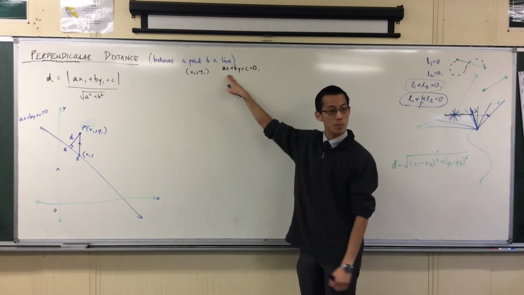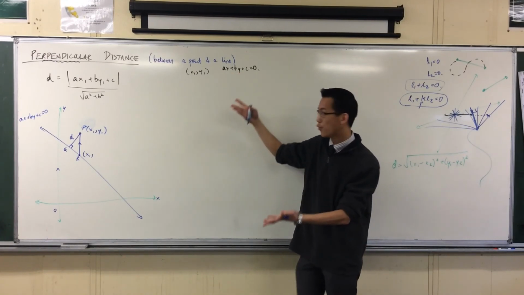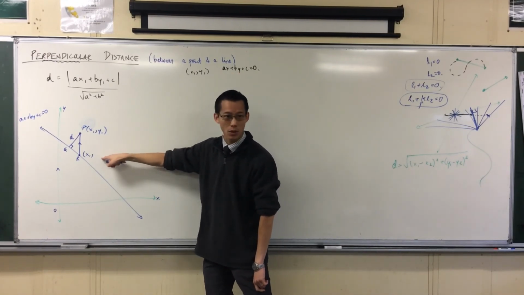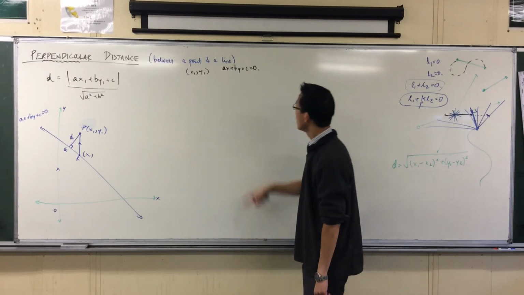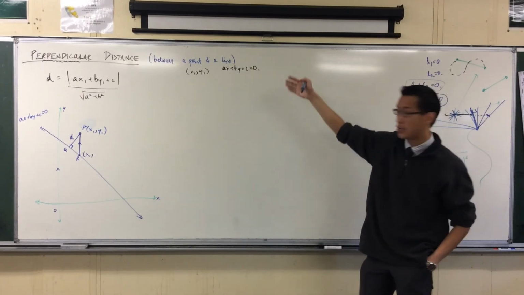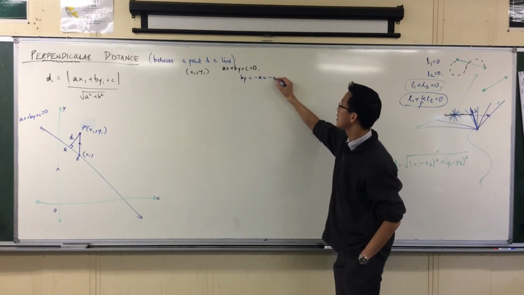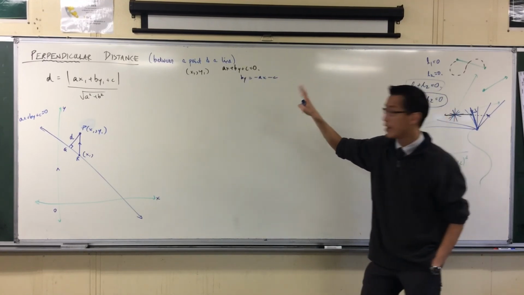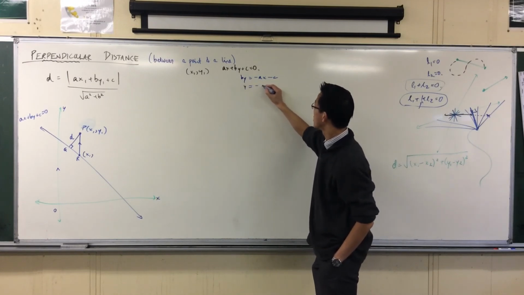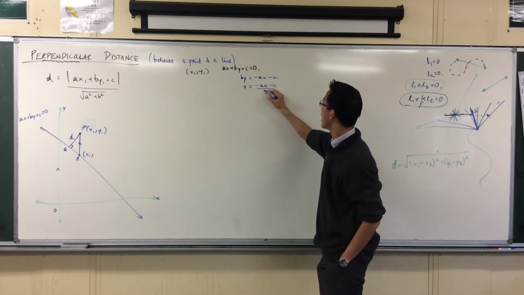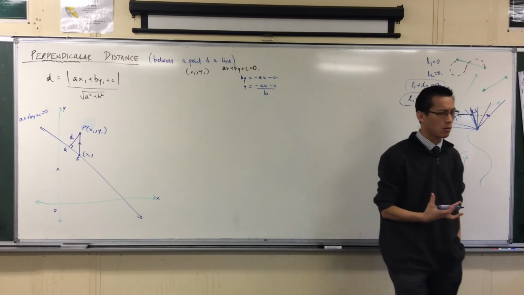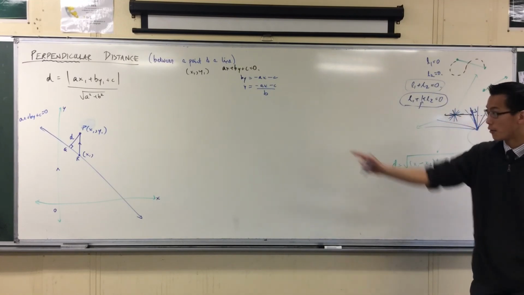The y coordinate is a little bit messier, but it's not that hard. Let's take our ax plus by plus c and put it in a form that'll make it easier to work out this coordinate. If I make y the subject, I get by equals minus ax minus c. So what's the y coordinate of this point R?